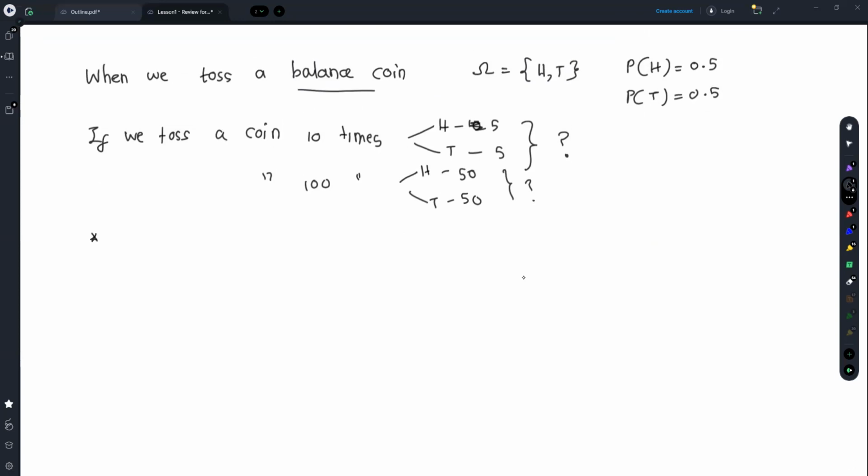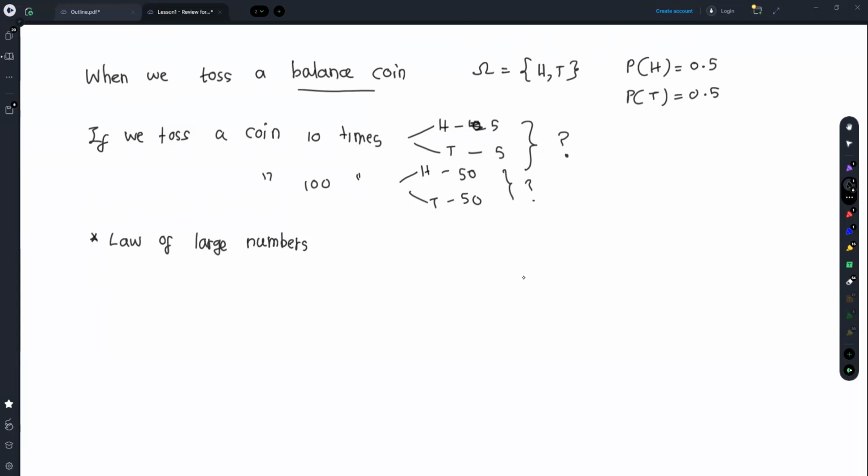Have you heard about the law of large numbers? There are several laws of large numbers. We have the strong law of large numbers, the weak law of large numbers, and there are many. The probability measure is defined based on this law of large numbers.